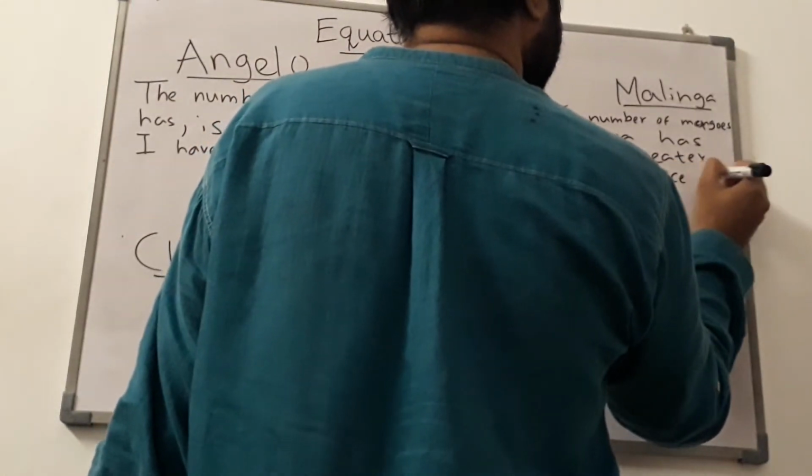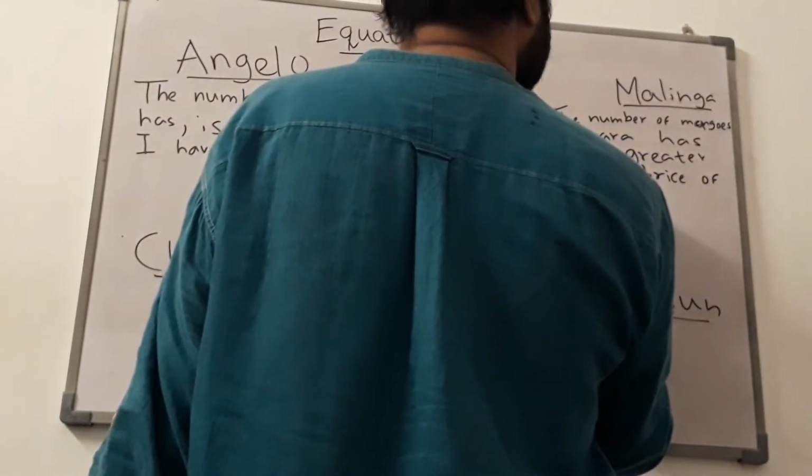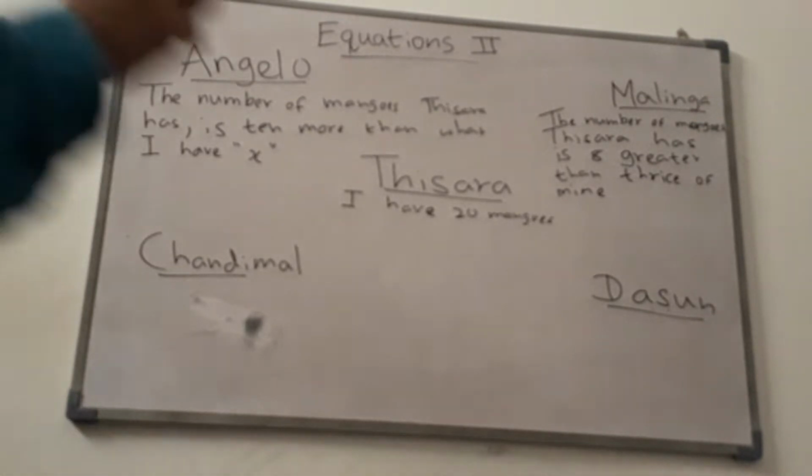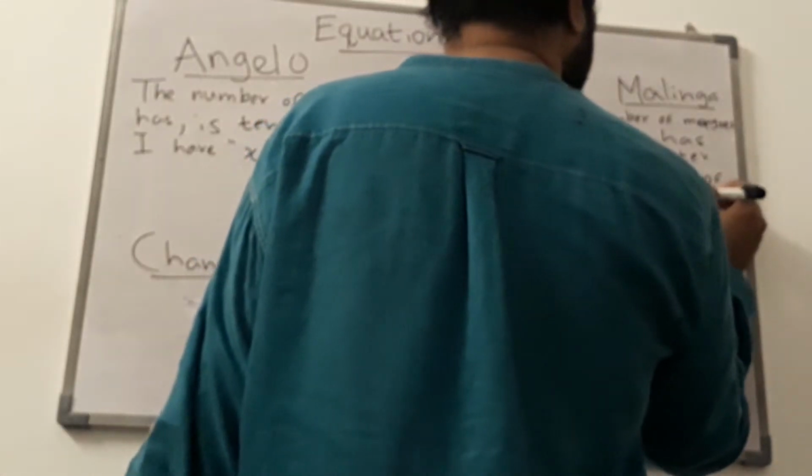Thrice of mine means thrice of Malinga's, which is T.